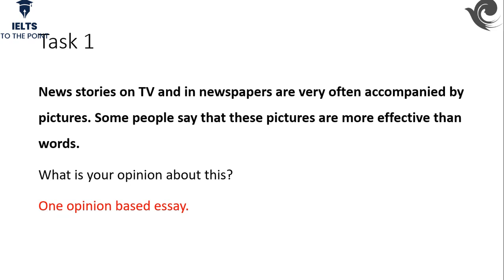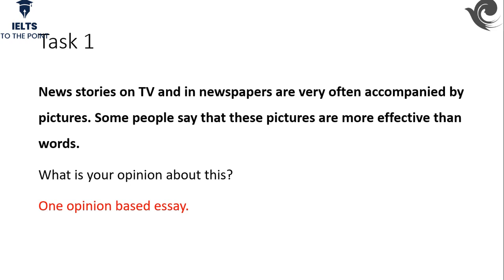If we have to write this particular essay in the minimum amount of time with minimum fuss, we can always treat these tasks as one opinion based essays, and we can always get away with it.